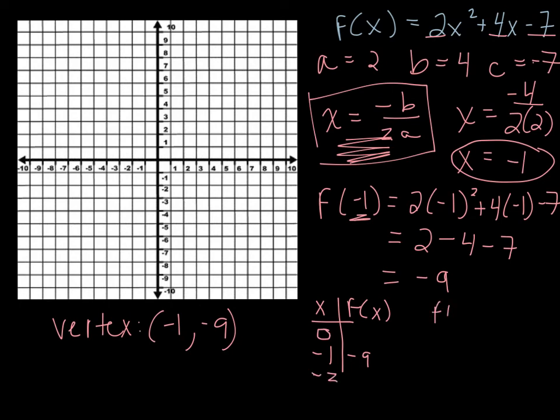If I plug in 0 to this function, I get out negative 7, which means that negative 2 will also give me negative 7 by symmetry. And then we're going to plot those 3 points. And that's going to give us our parabola. So that's how we graph functions that are given in standard form.